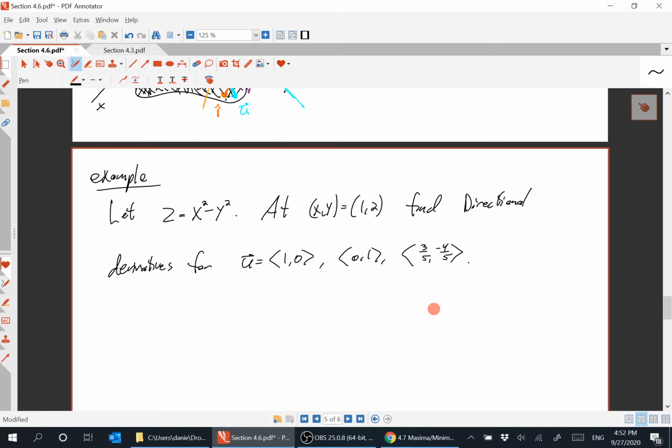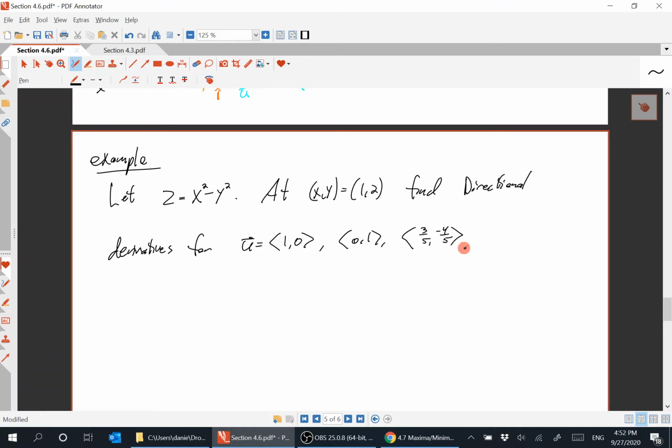Yeah, those three there. Maybe we'll do one more. What else? (1 over root 2, 1 over root 2).